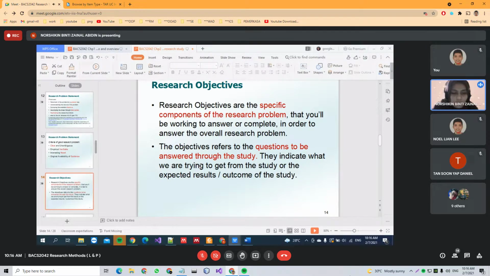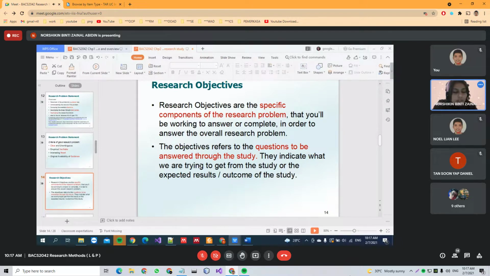So first you need to have your problem statement, your problem, why you want to conduct your research. After you have your problem statement, you need the RO, research objective. RO is how you're going to tackle or solve your problem, or how your research is going to address the problem.